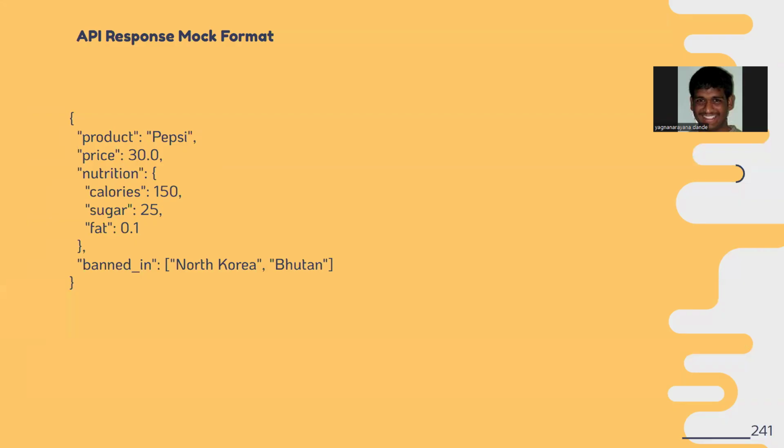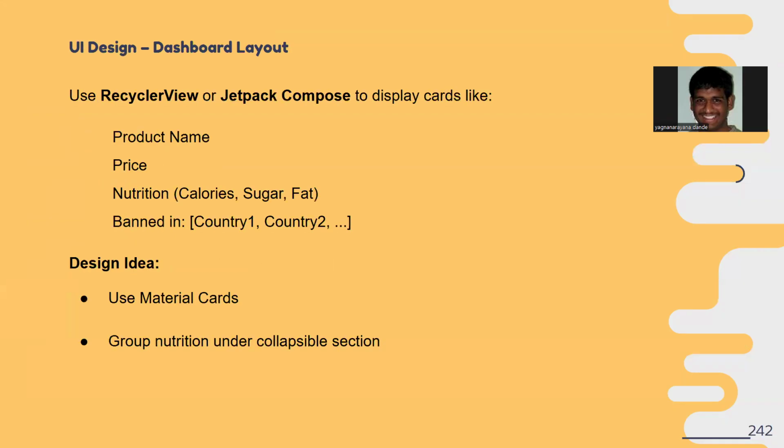Right. So in the new assignment, we need to add the price, nutritional values, and banned countries.